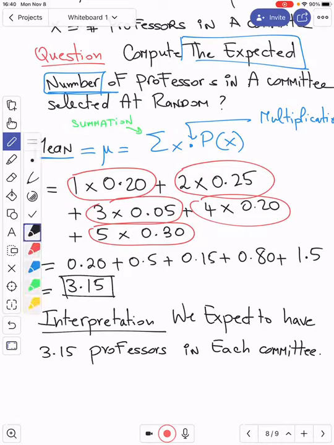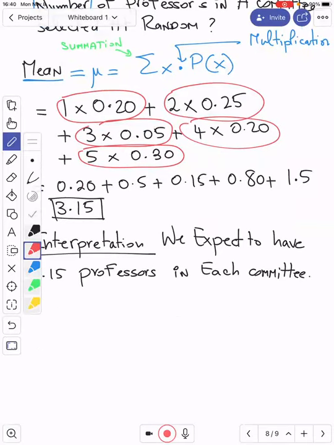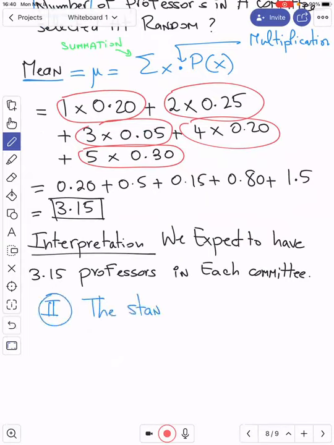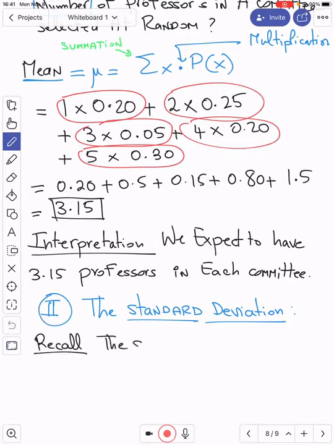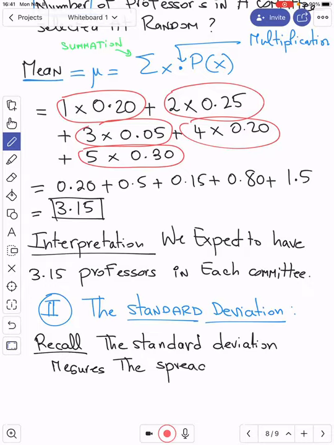So number 2, the standard deviation. Just to remind you, the standard deviation measures the spread of your values above the mean.